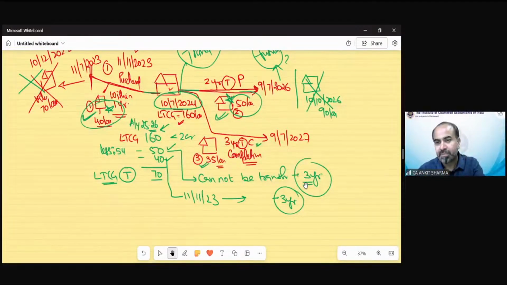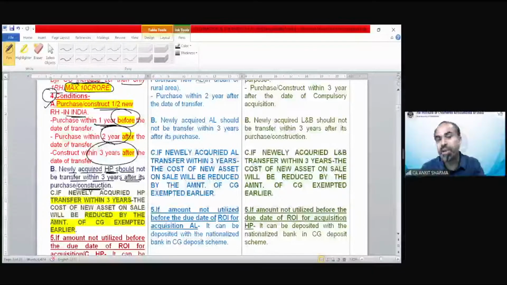Okay. Sure. So the next point was saying that a newly acquired house property should not be transferred within 3 years after its purchase or construction.